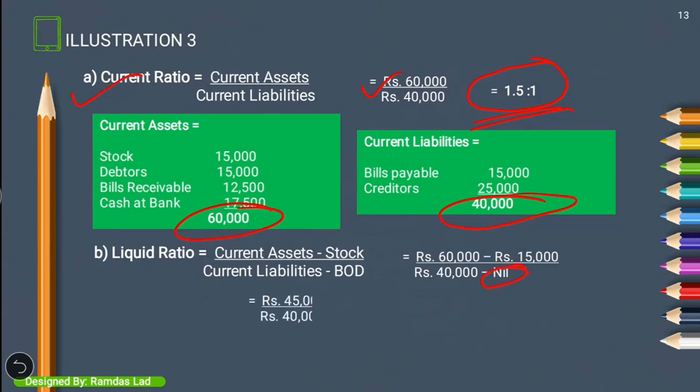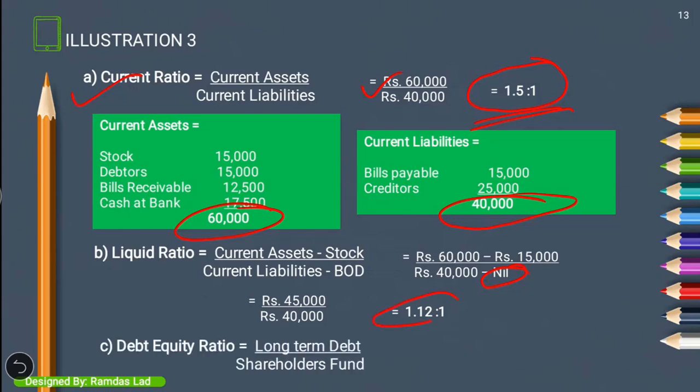So it will be rupees 45,000 divided by 40,000, which means 1.12:1. Next one, debt to equity ratio. What is the formula? Long term loan divided by shareholders fund. There is no long term loan, so we cannot calculate the debt to equity ratio here.